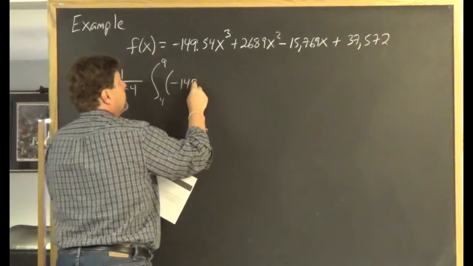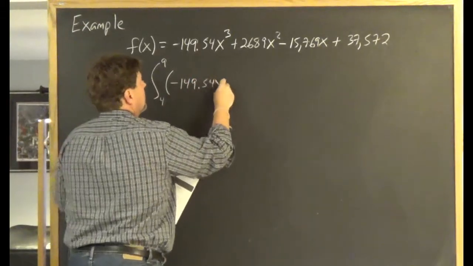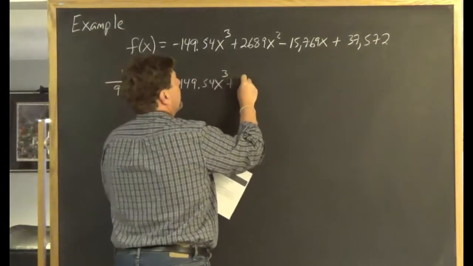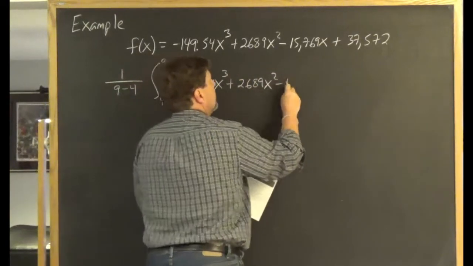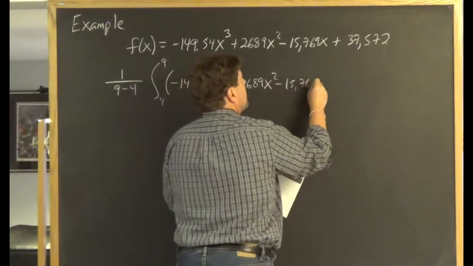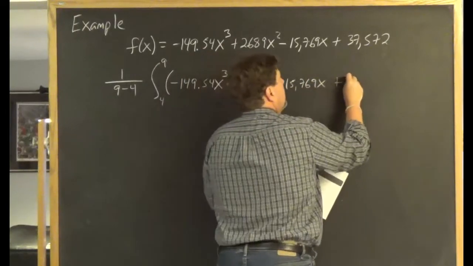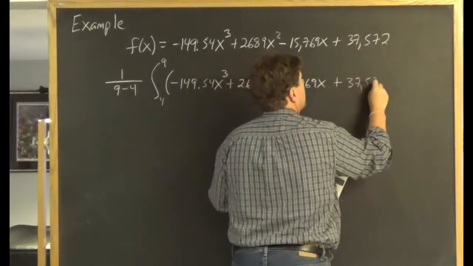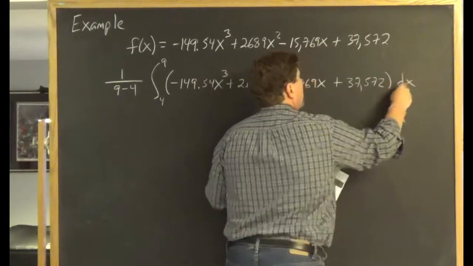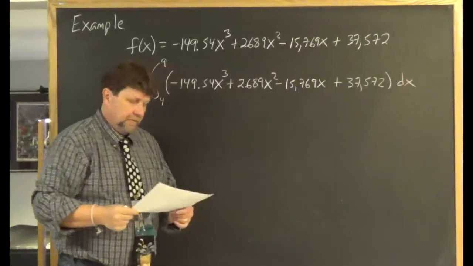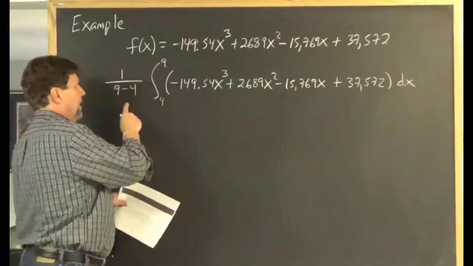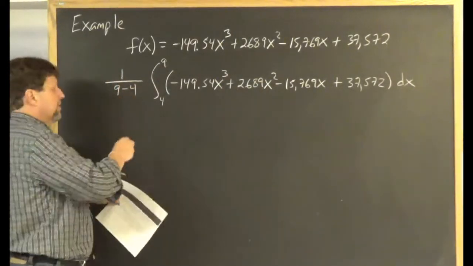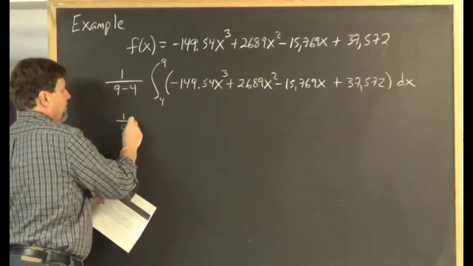Well, this function, and boy, it's a big long function. But there it is. So now we need to get an antiderivative. We'll do two things at once and simplify. We know 9 minus 4 is 5, so this is a 1/5.